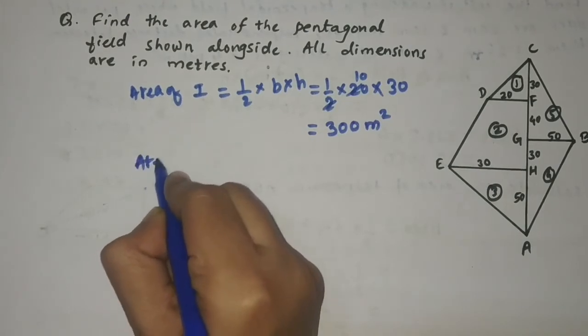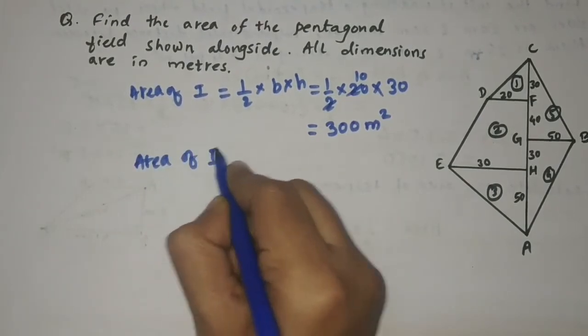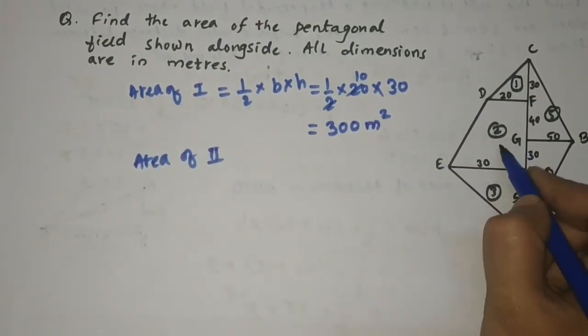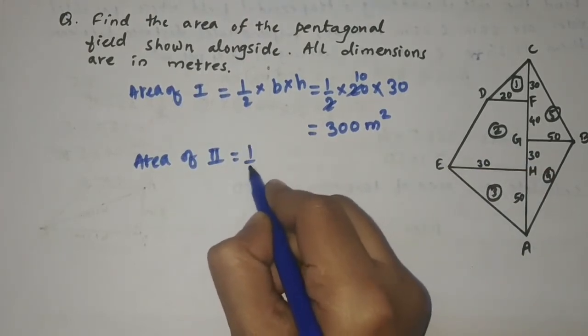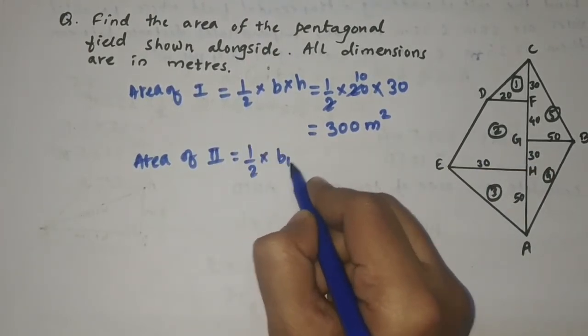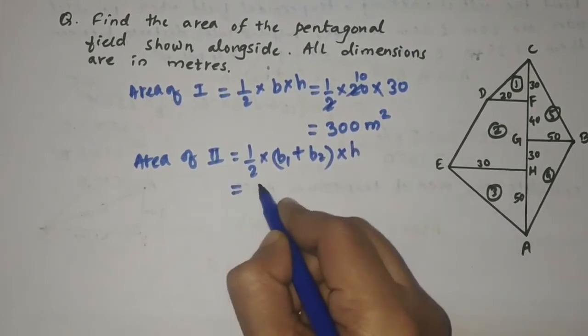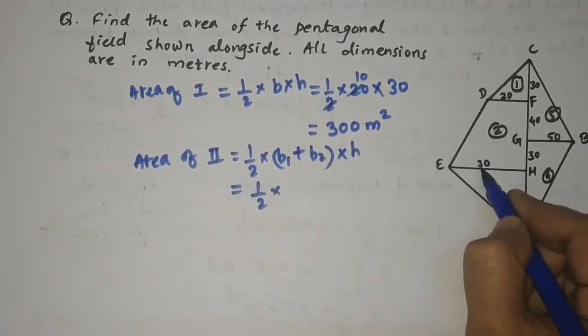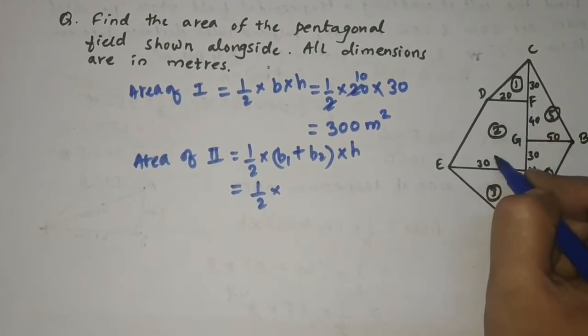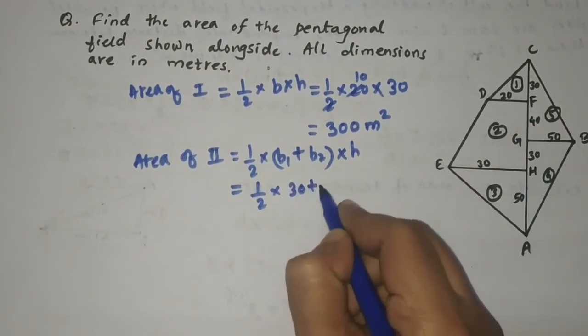Now the area of the second. The second figure is in the form of a trapezium. So I'll write down 1 by 2 (B1 plus B2) multiplied by height. So here B1 and B2, the parallel sides, are 30 and 20.